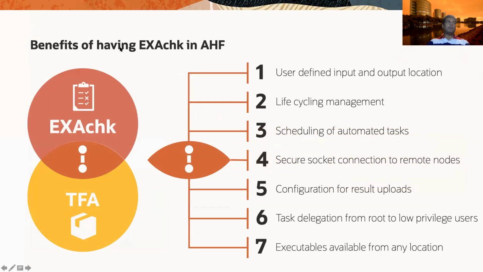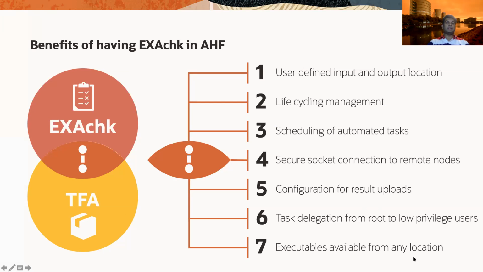One of the benefits of having Exachk in AHF is that you have all of these shared features which TFA as a tool already had: from lifecycle management, to scheduling of automated tasks, to automatically running things on remote nodes without creating SSH connections, to task delegation from root to low-privilege users, as well as executables available from any location.